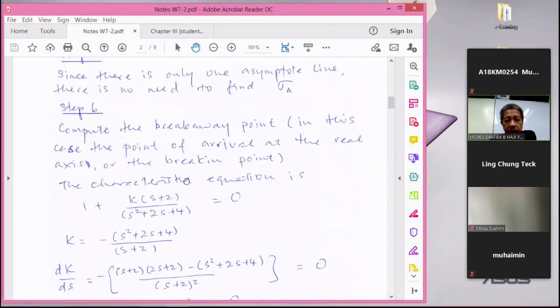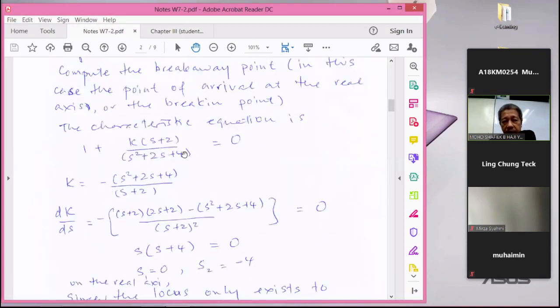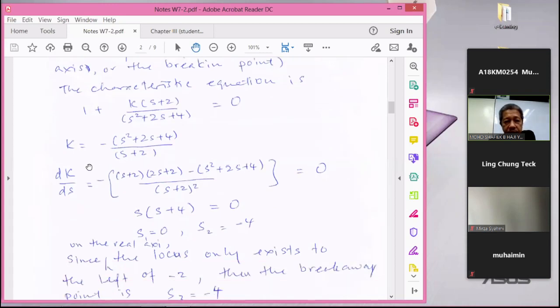Okay, so you rearrange the characteristic equation, solve it for k as a function of s, and you differentiate that and equate it equal to 0. Again, this is a quotient. You can use the quotient rule. Please refer back to your engineering mathematics notes.